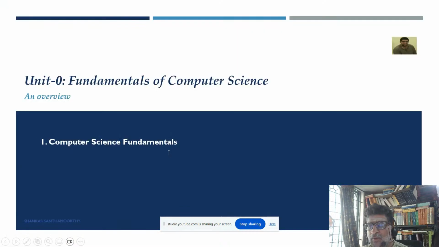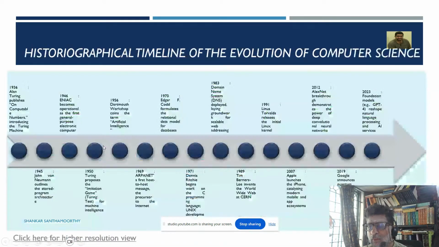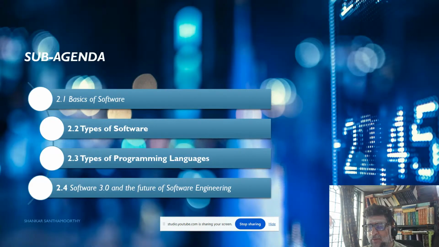As part of the first session, we talked about what the domain of computer science is, some historic background, and a high-level future roadmap. Now we are moving on to the next concept, which covers these topics.